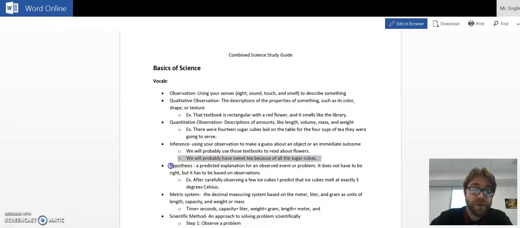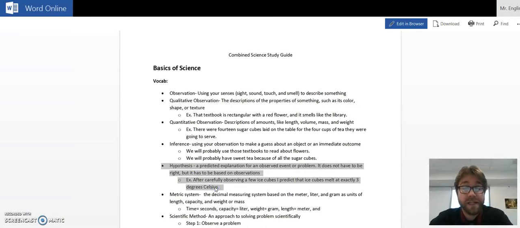Our next vocab word on this list is hypothesis. Hypothesis, kind of like an inference, is a guess. It's a predicted explanation for an observed event. And it does not have to be right. It could be about anything. Remember that a hypothesis is all about predicting something that can happen.